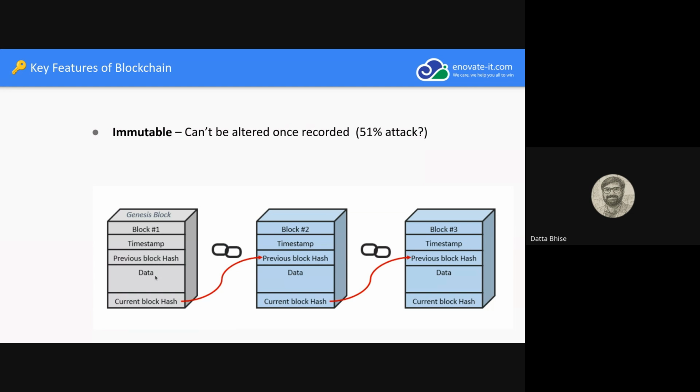Data means all transactions, and each transaction also has data: from address, to address, amount, fee, and the transaction hash, or we can call it the transaction signature. So this is one block, and the whole chain is the complete ledger.